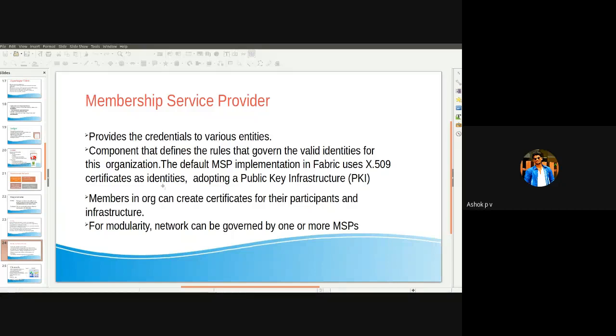So as I told you, the MSP that we have in Fabric uses X.509, adopting a public key infrastructure. So in blockchain, we have something known as a public key and a private key. For example, if a particular person wants to send a message or a transaction to another person, they'll be using two-factor authentication, using the public key of participant B and encrypting with the private key of participant A and sending it across.